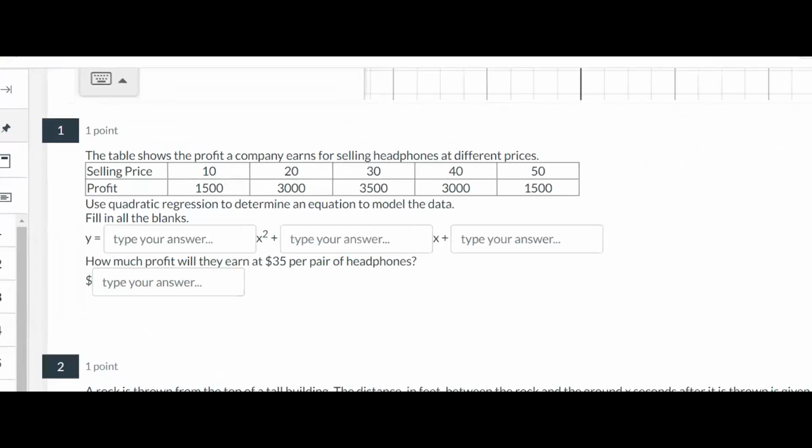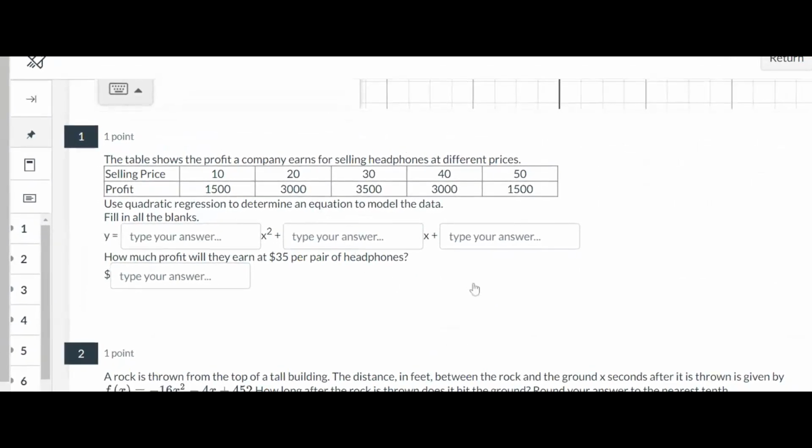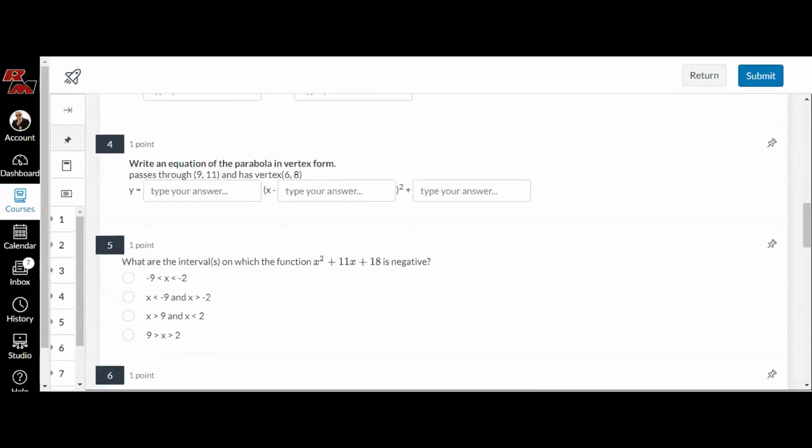You want me to snip all these? Yeah. All right, I grabbed that one. Number one, then these two. I grabbed three as well. I'm going to go down to four. Four and five I can grab here.